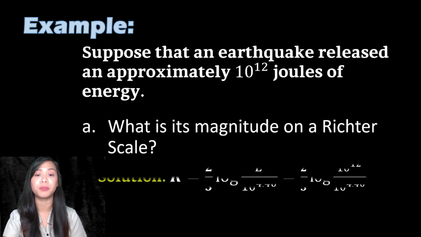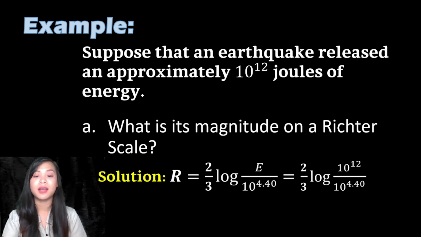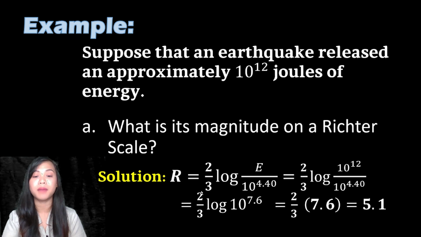So we have the formula R = 2/3 log (E / 10^4.4). Substituting our approximate energy, 10^12, we have 2/3 times log (10^12 / 10^4.4), and we have 2/3 log 10^7.6.